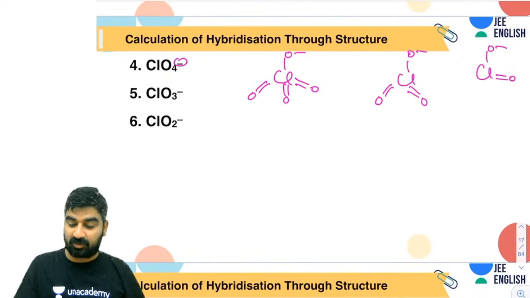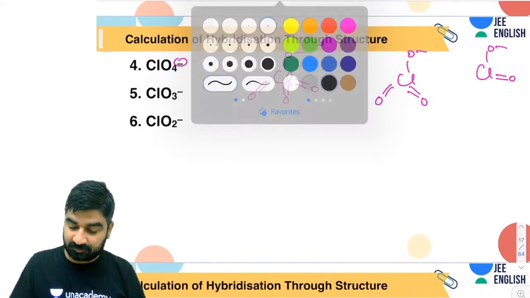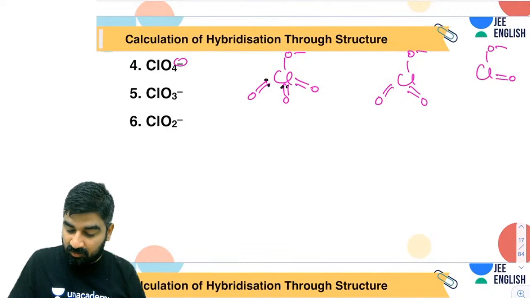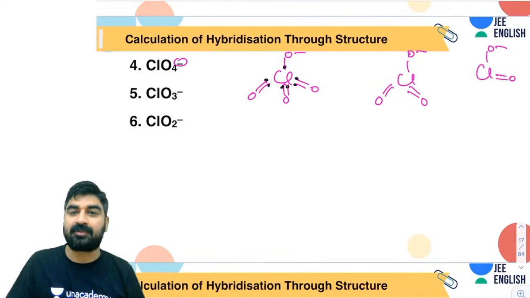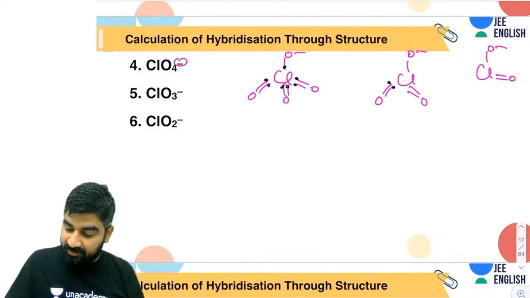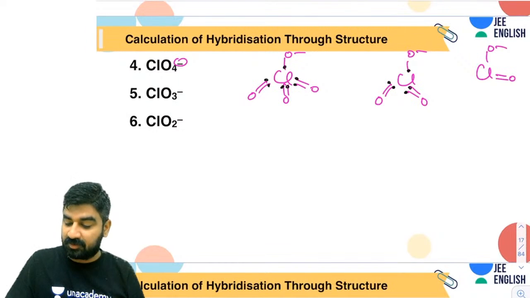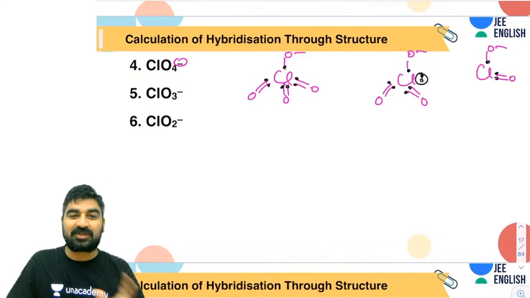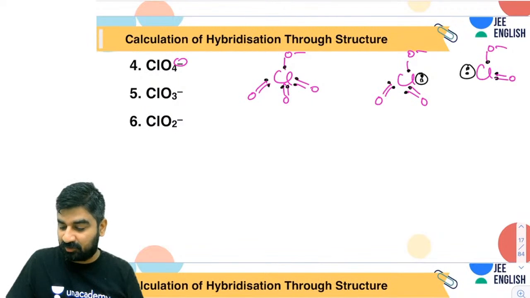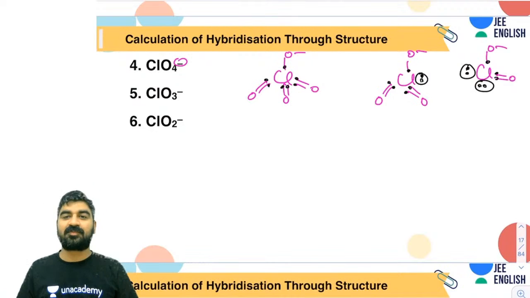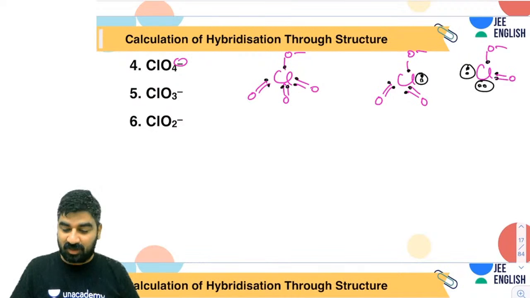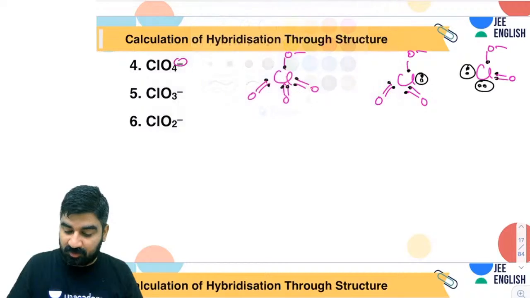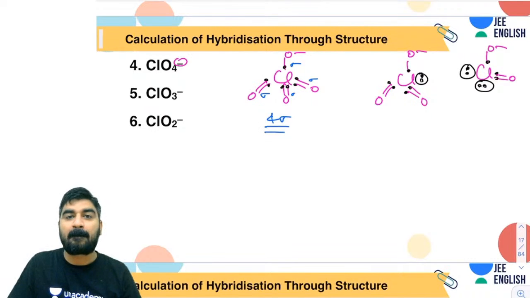So guys, now try to find out the lone pairs. In this case all 7 electrons are paired up. In this case we have 5, so there will be 1 lone pair. In this case we have 3, so there will be 2 lone pairs, because chlorine has 7 valence electrons. Got it? Now count the sigma bonds: sigma, sigma, sigma and sigma, 4 sigma bonds are there.